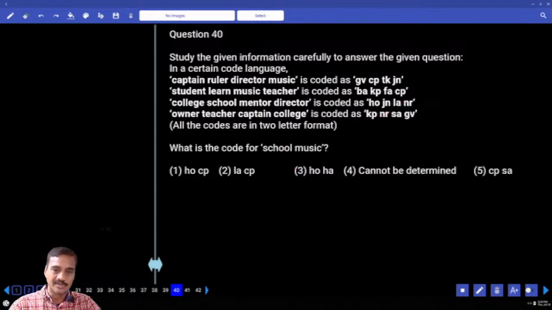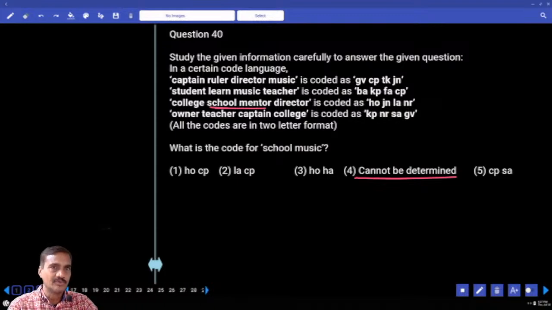Now school is here and music is here. Between these two, school is not repeated anywhere else. And mentor is also not repeated. And the code for school cannot be identified. Hence, what is your answer? Cannot be determined. Got this?